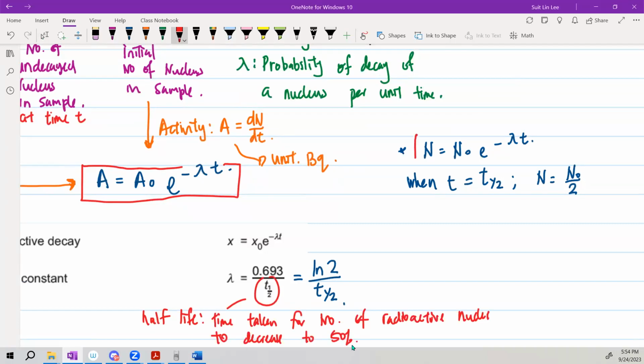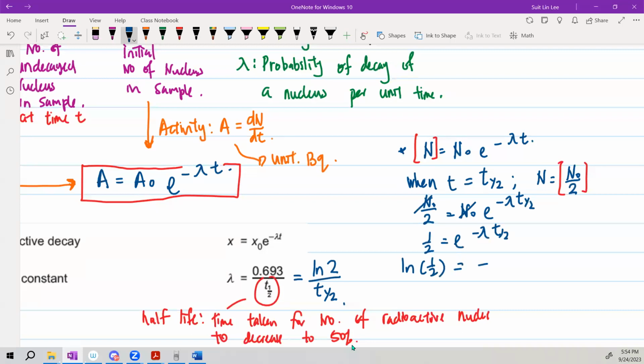So I'll substitute that in, and I will substitute N as N naught over 2. So on one side, I have N naught over 2. This is N naught e negative lambda t half. N naught and N naught will cancel. So on one side, I have half equals e negative lambda t half. Bring over ln half, negative lambda t half.